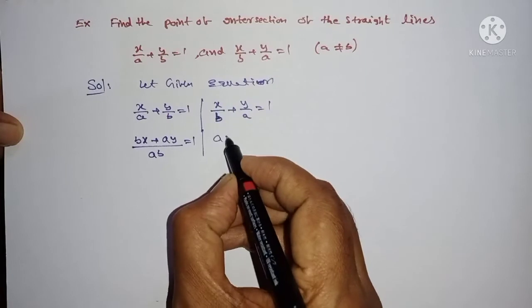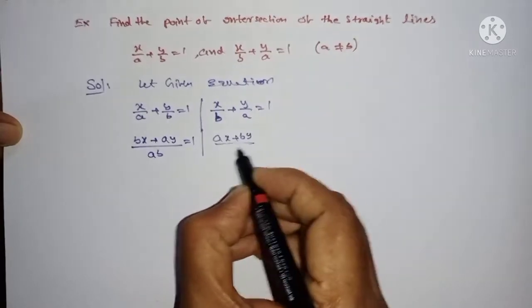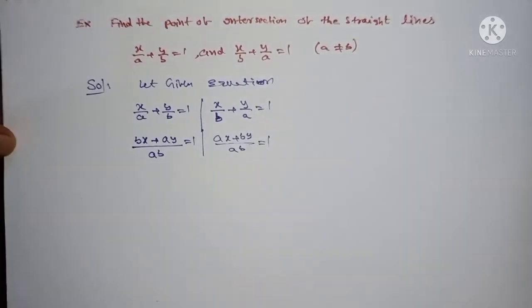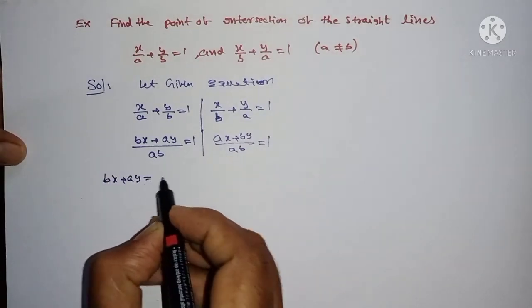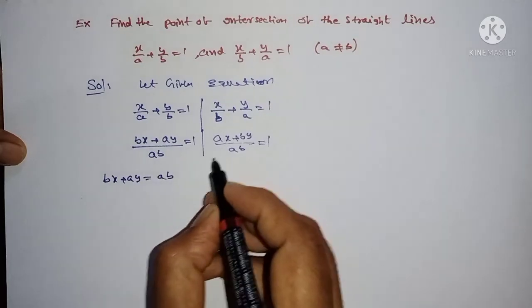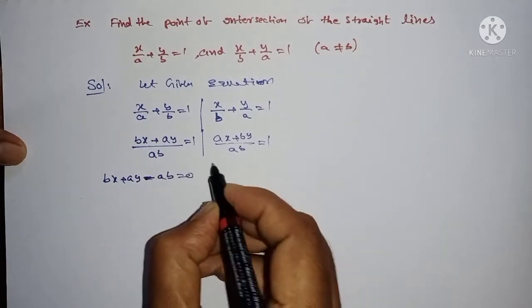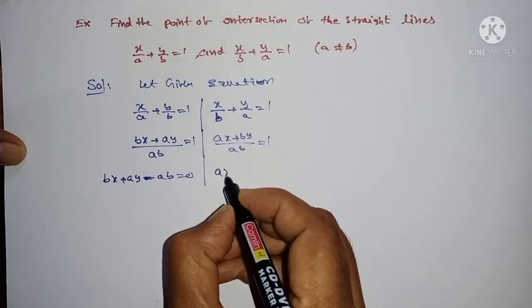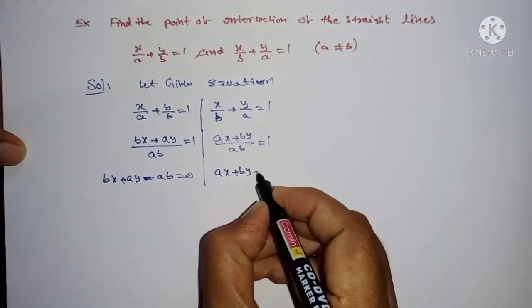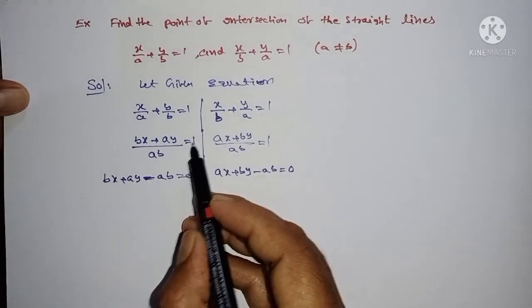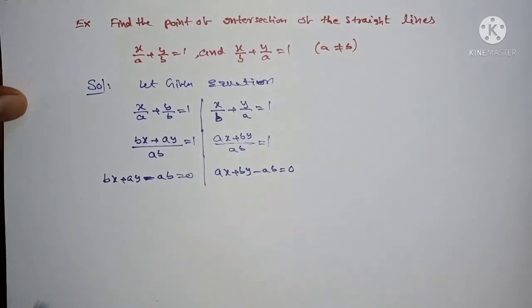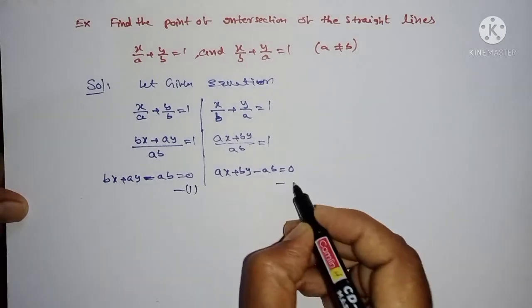Here also, (ax + by)/ab = 1. So the equation is bx + ay - ab = 0, and also ax + by - ab = 0. You multiply with ab and bring it to this side, so minus ab is equal to 0. Call this equation number 1 and this equation number 2.